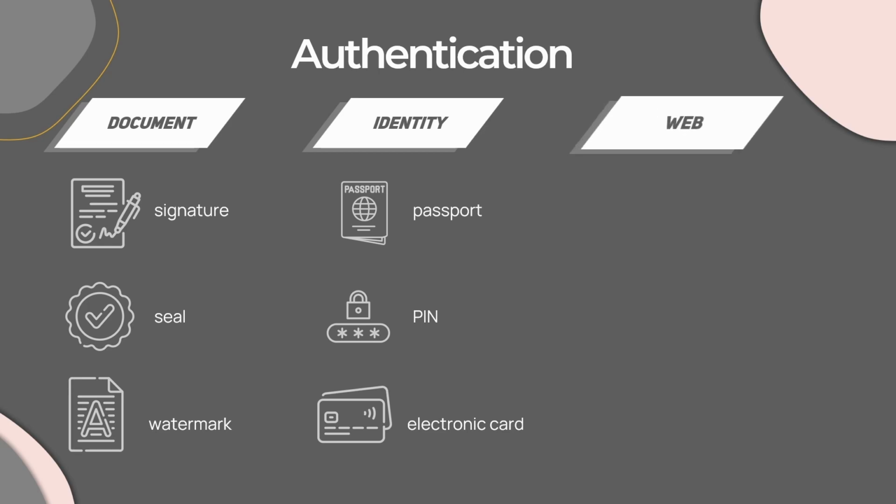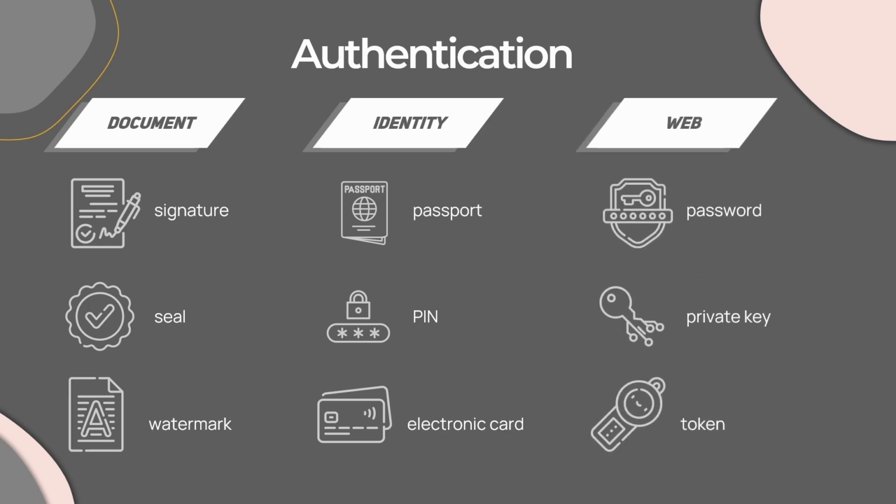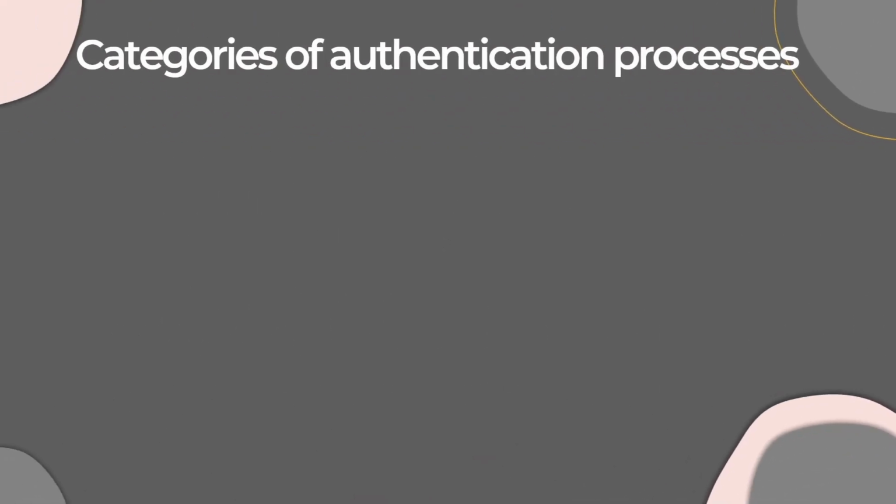And when it comes to authentication in electronic communication, for example to open some program or to use a web application, methods based on proof of having a password or some private key or a one-time token are used.